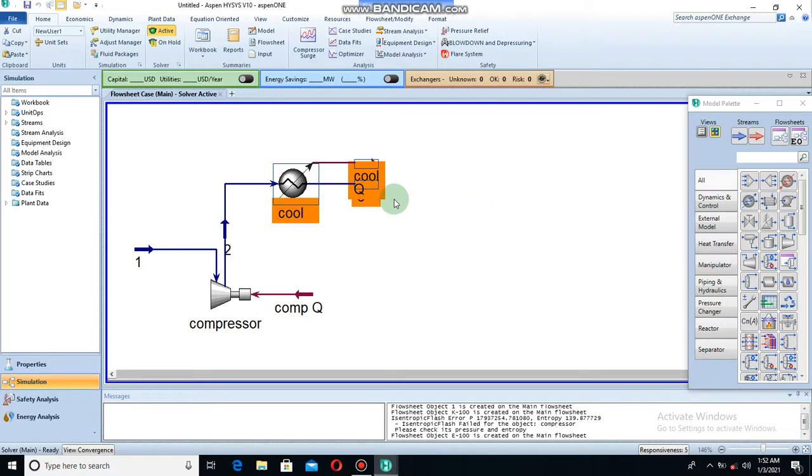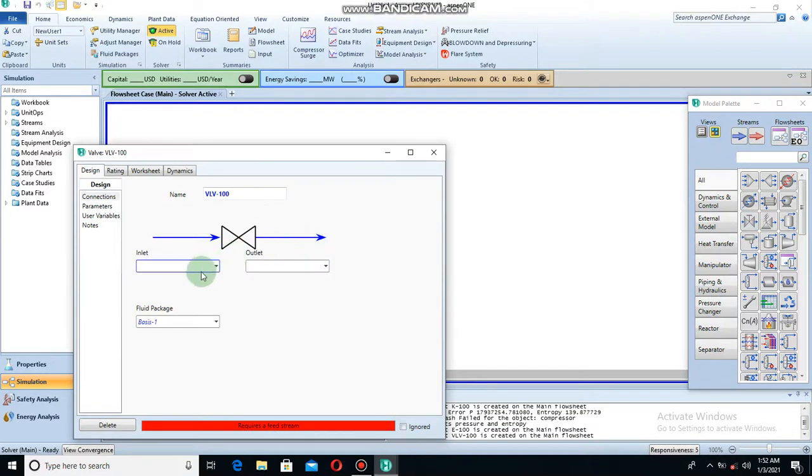So this product was also sent to an expansion valve, where the outlet pressure was 200 kPa. So I'm going to add an expansion valve here, and this is a valve.